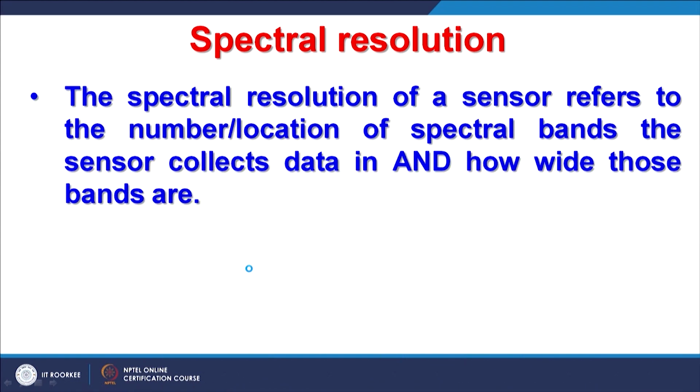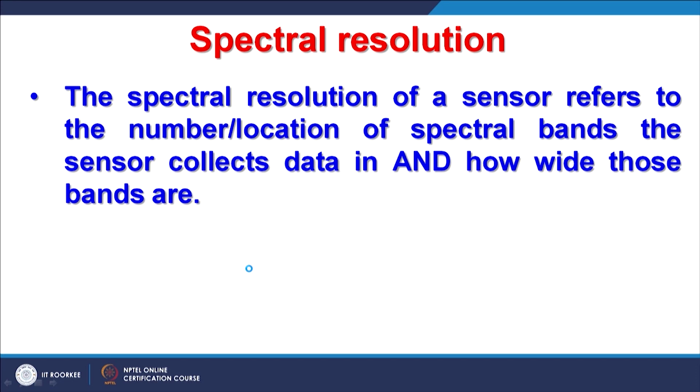Now, finally, we can put in proper words the spectral resolution. The spectral resolution of a sensor refers to the number or location of spectral bands the sensor collects data in and how wide those bands are.